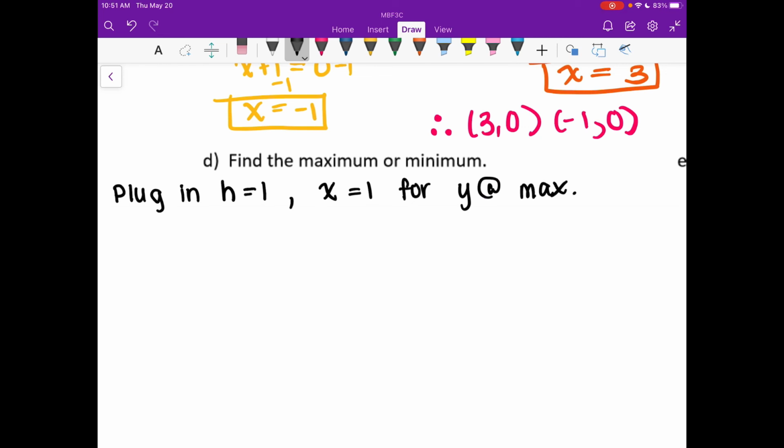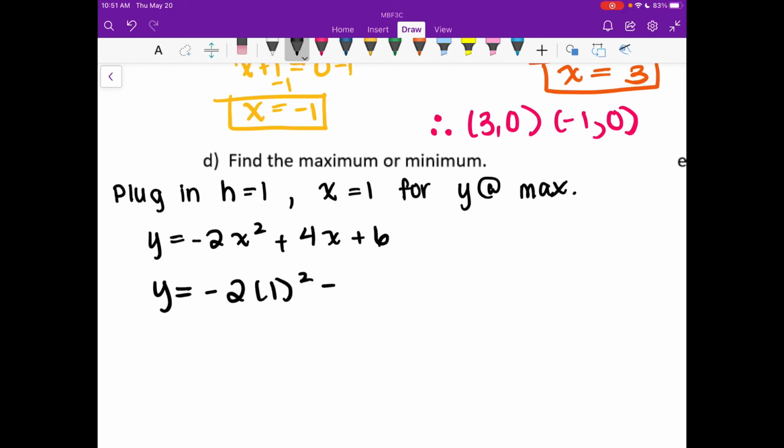Because we said at the beginning we had a max. So let's go plug it into the original formula. Y equals, and use the original formula. Don't use your factored form, because even if you made a mistake, you're using the one that has the least room for error.